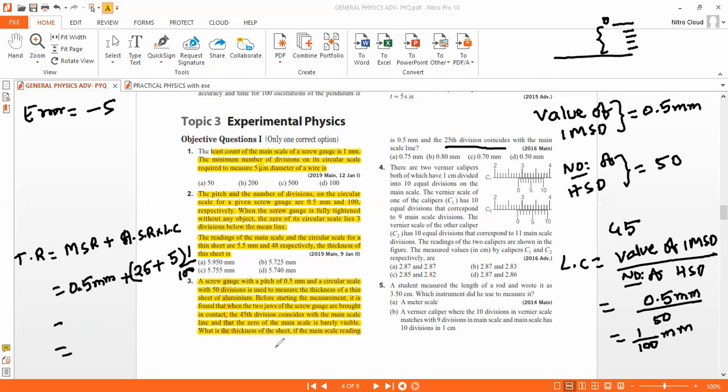So 0.5 plus 30 by 100 mm. That is 0.5 plus 0.3, which is nothing but 0.8 mm.